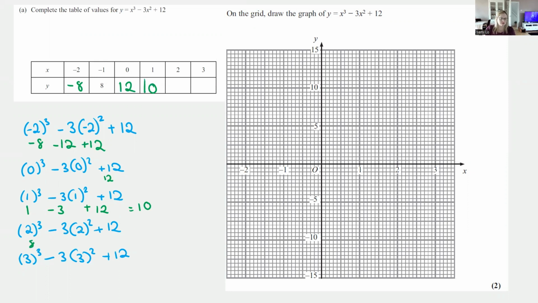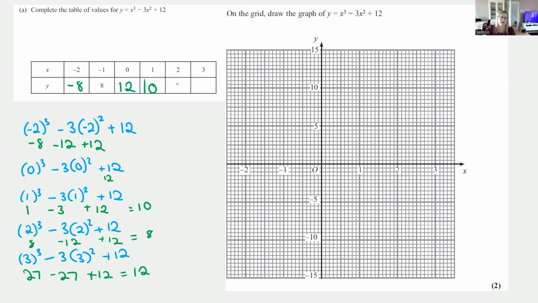And then we've got 4 minus 12 plus 12. So that's going to give me just 8. And then last one, we've got 27, because 3 cubed is 27. And then that's 9 minus 27, and then plus 12. There you go. Which just gives us 12.